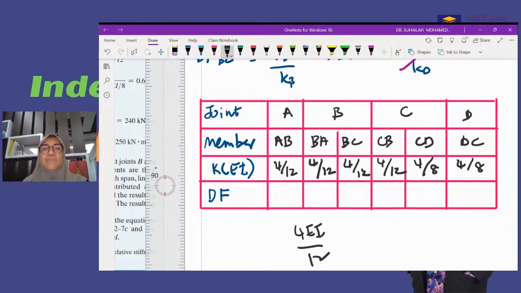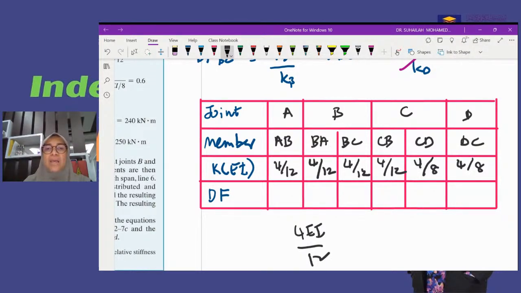For the distribution factor, A equals 0 because it is a fixed support, and D equals 0 because it is a fixed support. Then, for DFBA, it is BA divided by BA plus BC, so it equals 0.5 and 0.5.